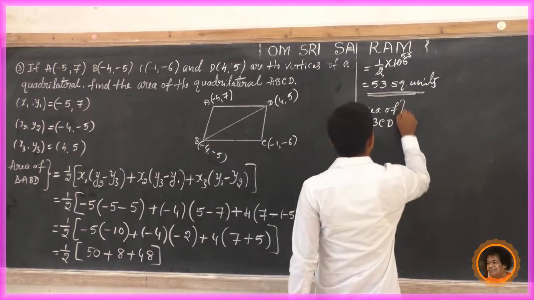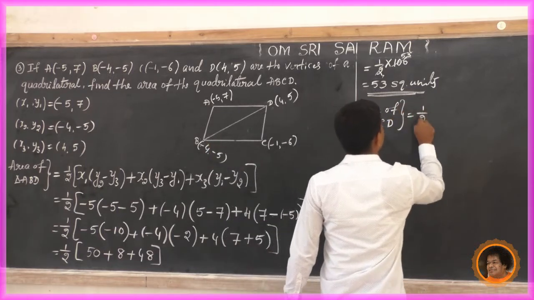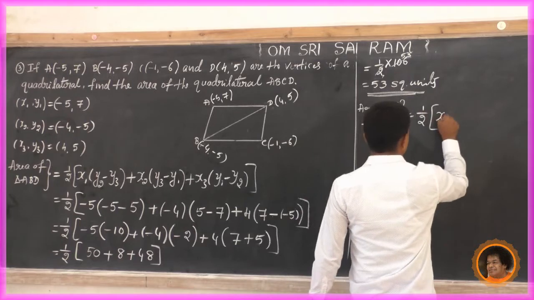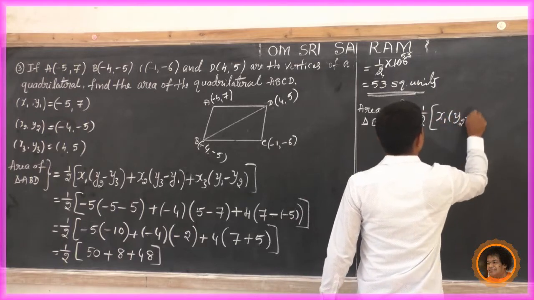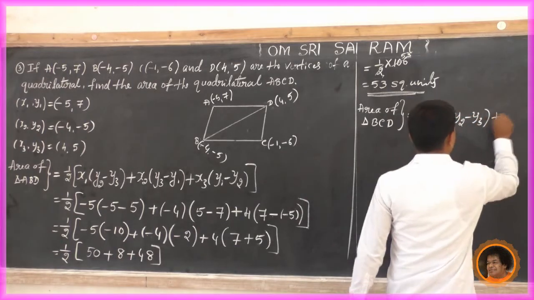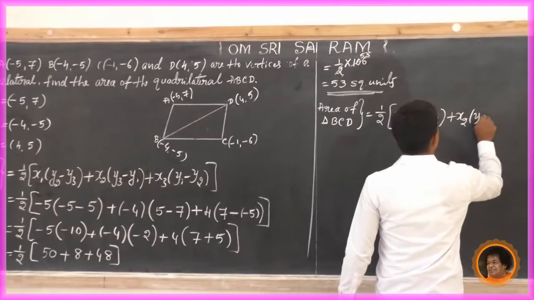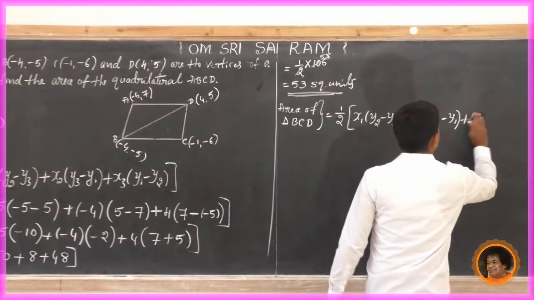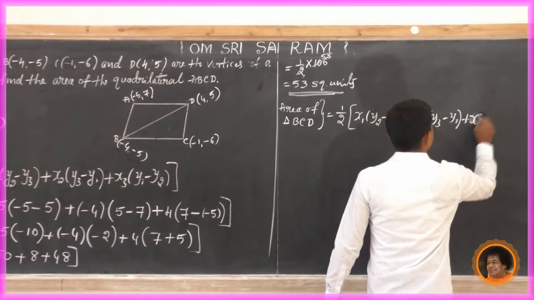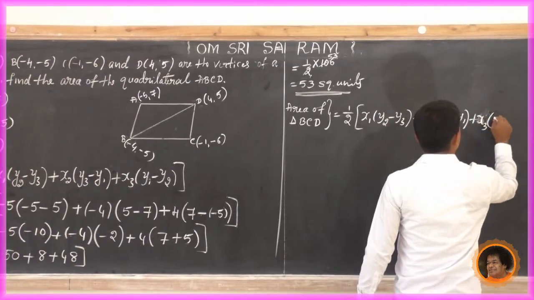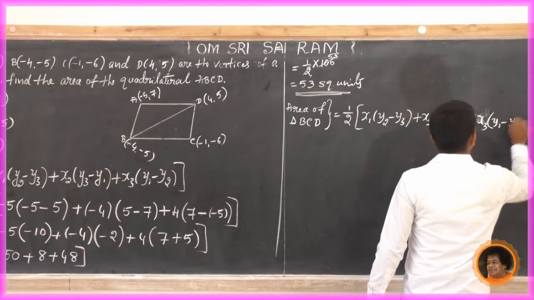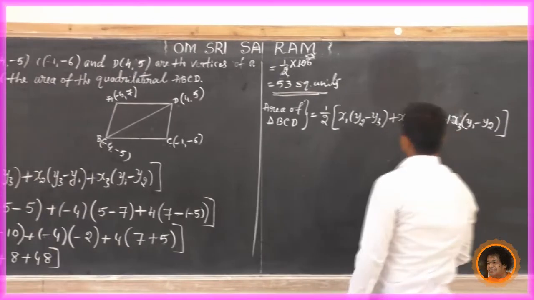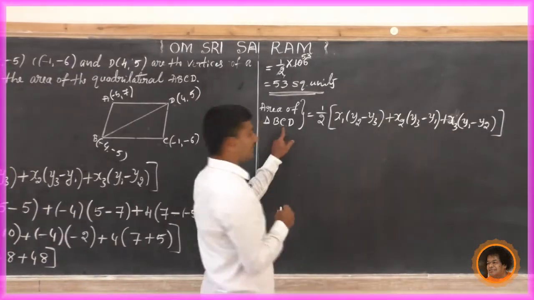Area of the triangle BCD equals half into x1 into y2 minus y3 plus x2 into y3 minus y1 plus x3 into y1 minus y2. So here the coordinate points BCD.